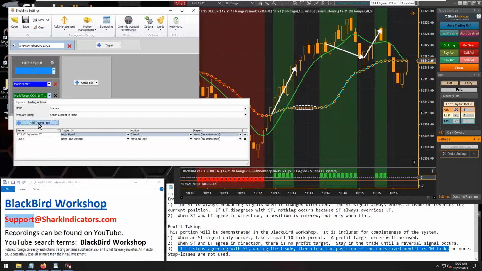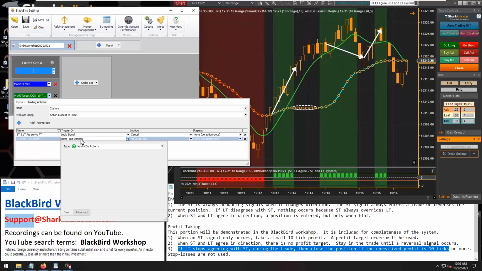So we're going to add another trailing rule. Let's see, what should we call this? All right, so basically something like this. When the long term ends, we want to try and grab 10 ticks of profit there.